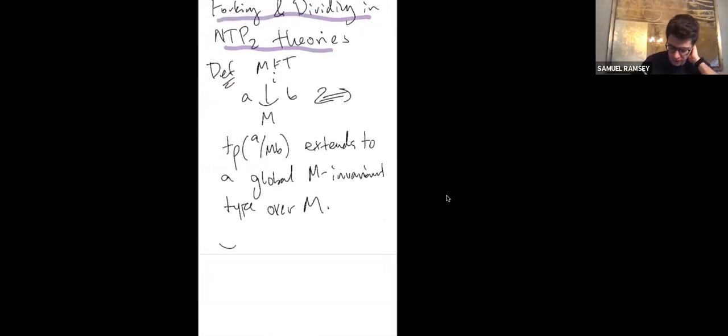And just note as an exercise, ind I implies ind F. So if the type of A over MB extends to a global M-invariant type, then you cannot fork. And this is an exercise.